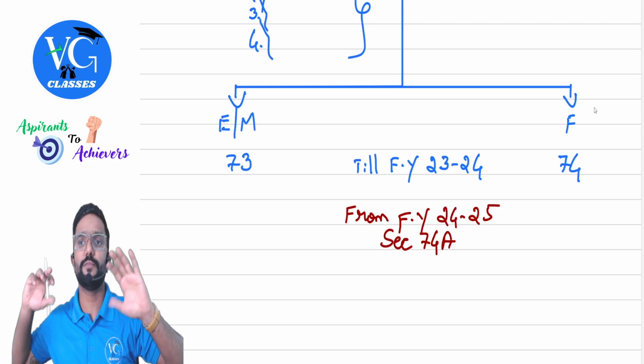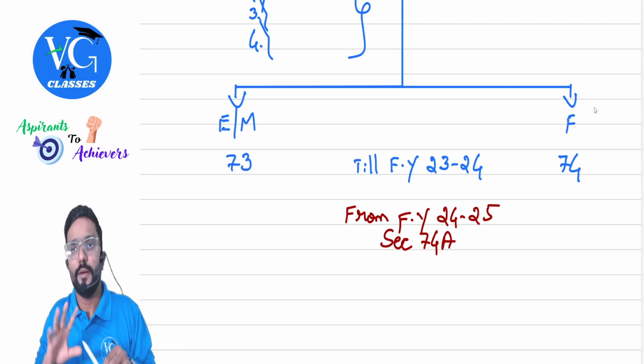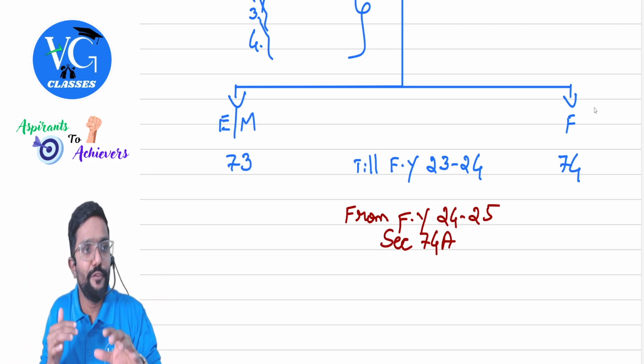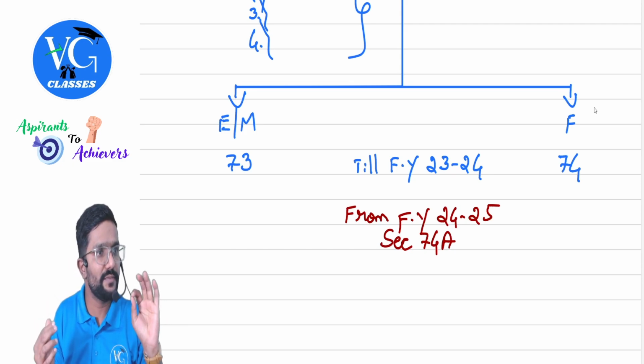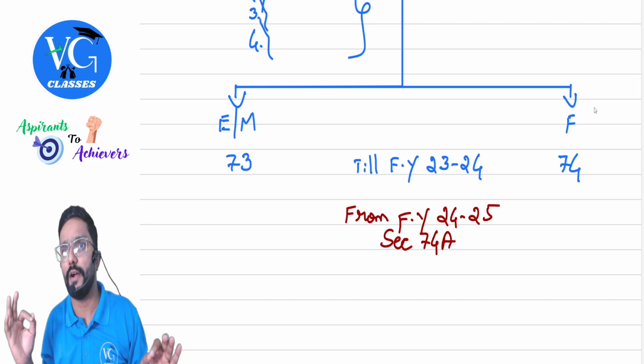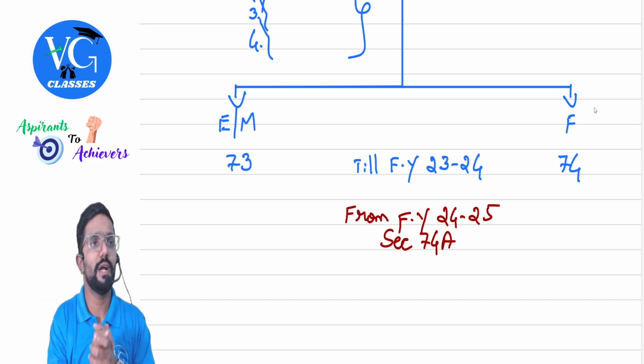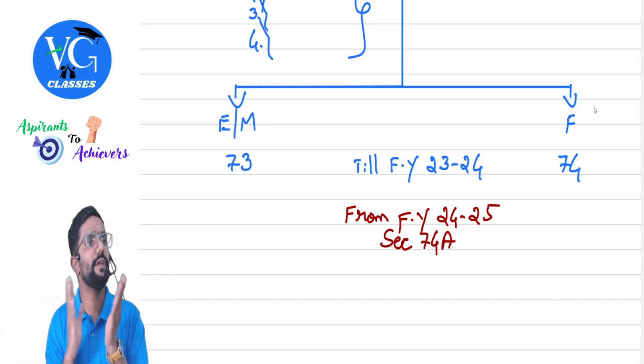Section 74A covers both error as well as fraud. Before, it was 73 separately and 74 separately; 73 is for error, 74 is for fraud. Now they have combined both and formed a new section, 74A.